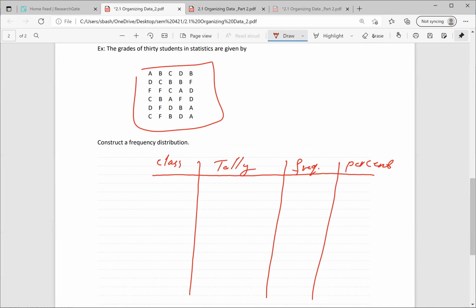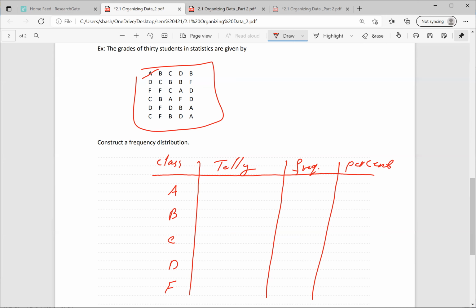The classes or the grades are A, B, C, D, and F. These are the categories for the distribution. Now for the tallies, go through the data one by one.